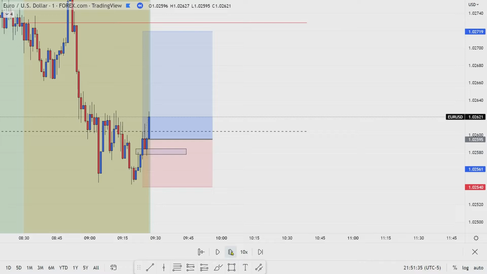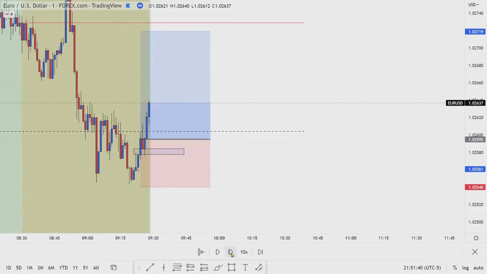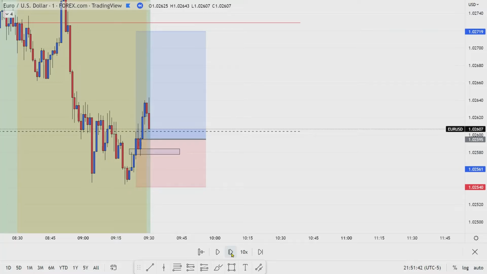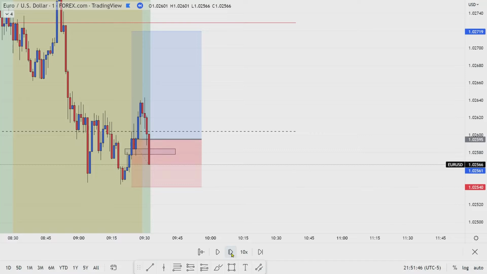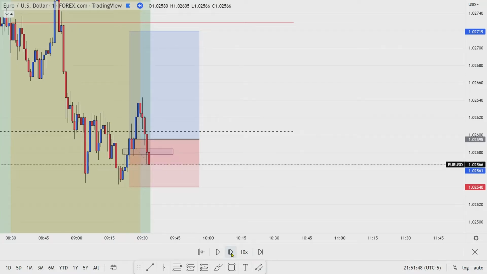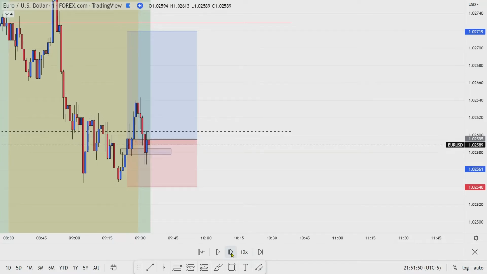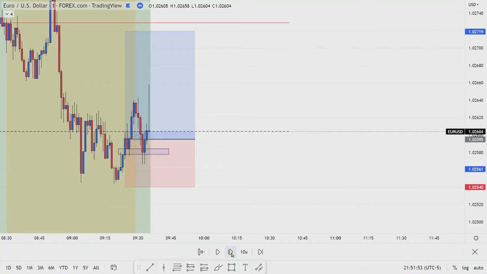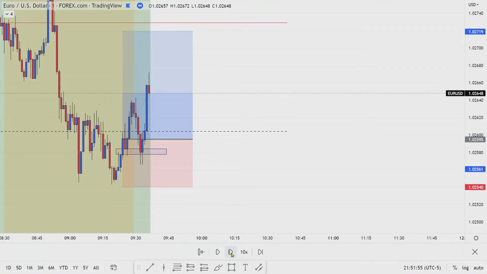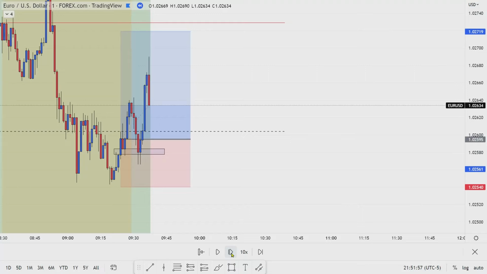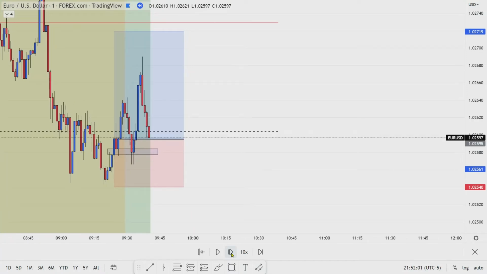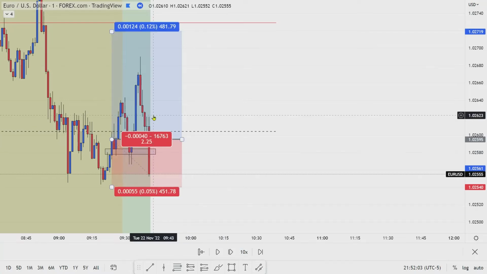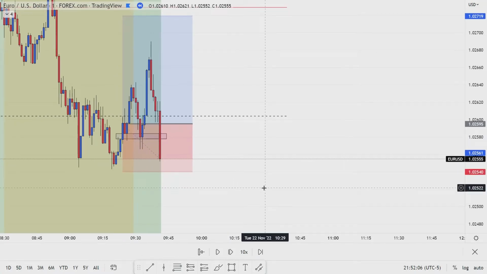So immediately it continues to go in our favor. It starts to go down a little bit, goes into a loss, goes more into a loss, and then starts to play in our favor again. Starts to come back down, and then it gets really close, so this might be a stop out.